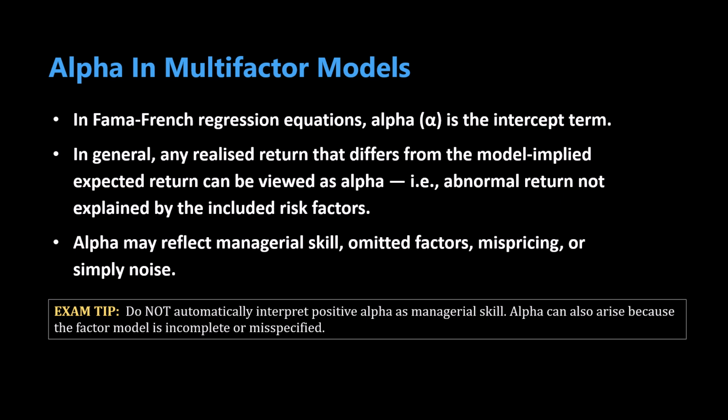However, you should be careful in interpreting alpha. Positive alpha does not automatically mean skill. It might reflect superior management, but it might also reflect omitted risk factors, temporary mispricing, data noise, or model misspecification. This is an important FRM point because the exam may test whether you understand alpha as model relative abnormal return, not simply as proof of manager talent.